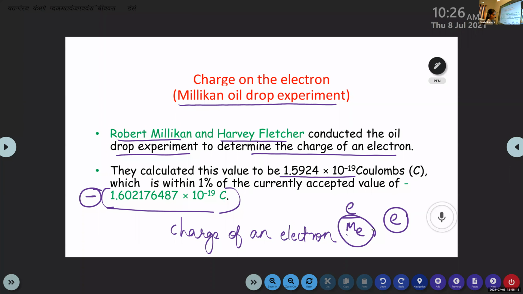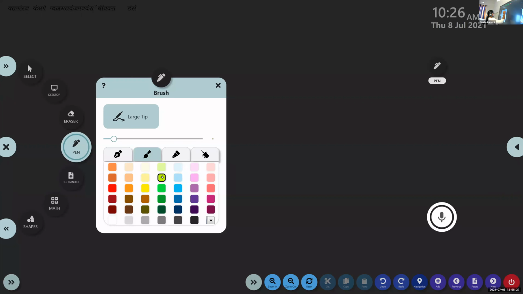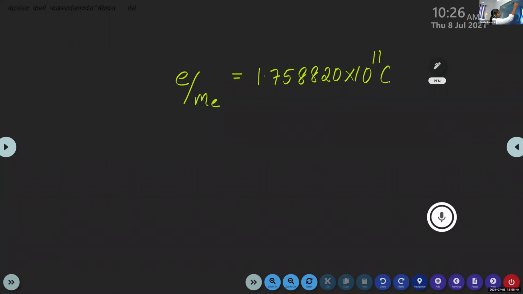You can write down the values. e by m_e, the ratio of charge to mass, is equal to 1.758820 into 10 raised to 11 coulomb per kilogram. C stands for coulomb.